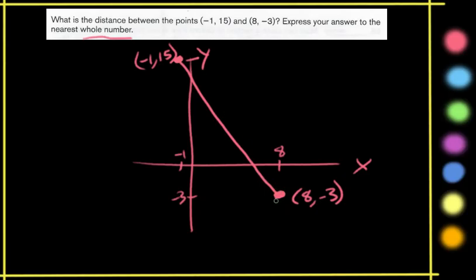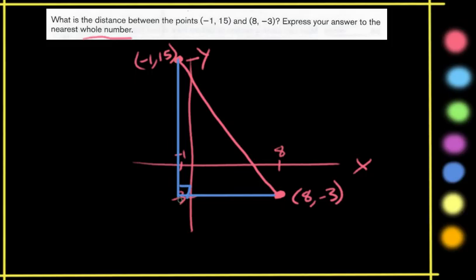So if you were to draw this line segment that connects (-1, 15) to (8, -3), what would that distance be? And the important thing to realize here is that there is a triangle that we can draw that goes straight down here, and then straight over here, which is a right triangle. And because it's a right triangle, we can use the Pythagorean theorem to compute this distance by finding the height of that right triangle and the base length of the right triangle, squaring each of them, adding them up, and taking the square root.